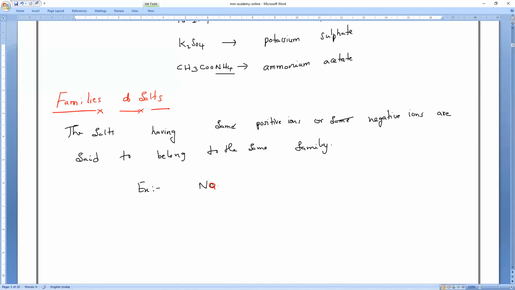Wow, super. Harini, is it correct? What Mr. Kaushik said, is it correct? Sodium carbonate formula, tell me.